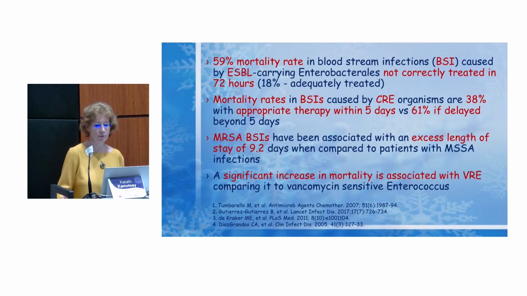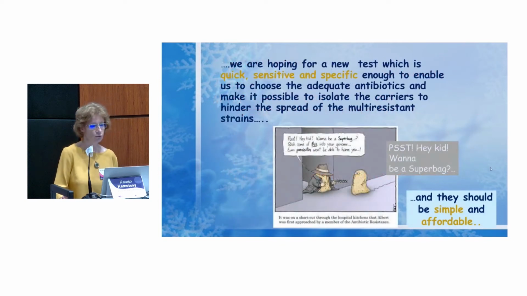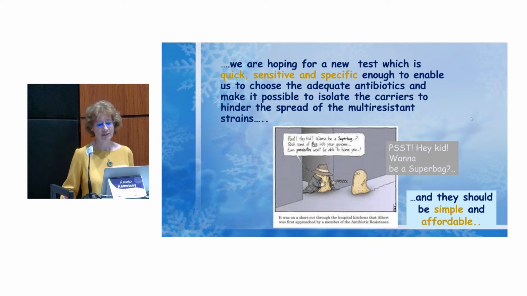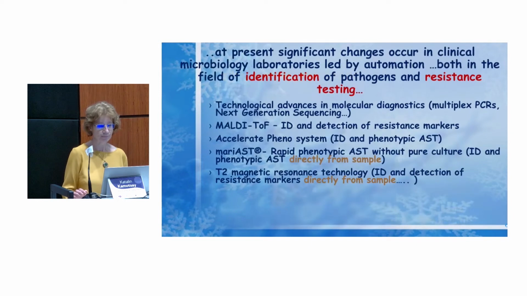Of course, the same with carbapenem-resistant Enterobacter. MRSA and VRE are also very important pathogens that cause us a lot of problems. So what we need is a quick, sensitive and specific technology or equipment, but it should also be simple and affordable.